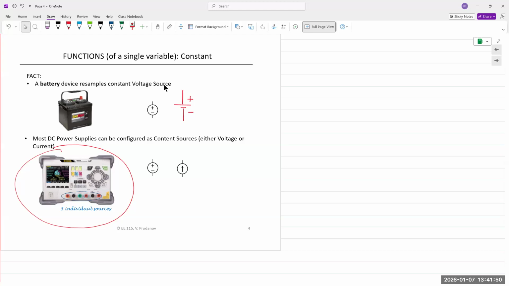Some of them use channel 1 for 6 volts. Something to keep in mind. As I was saying, a battery can only function as a constant voltage source, whereas a programmable power supply that we use in the lab can be worked as both voltage as well as current sources.